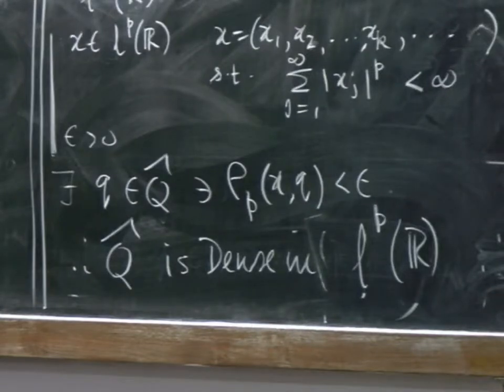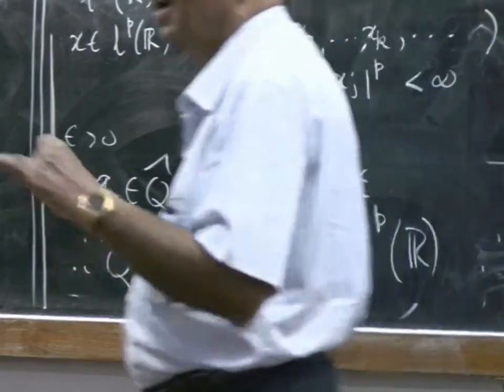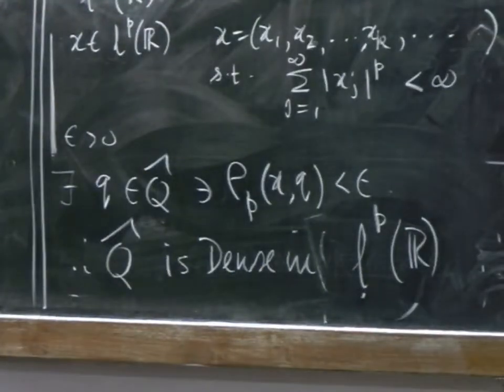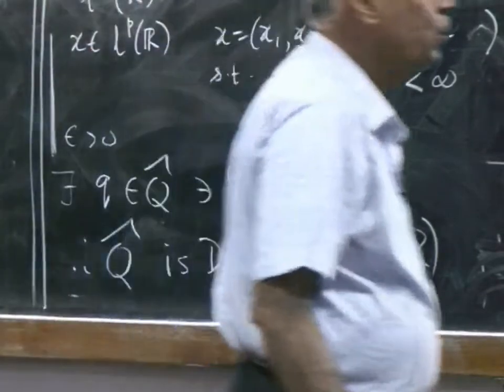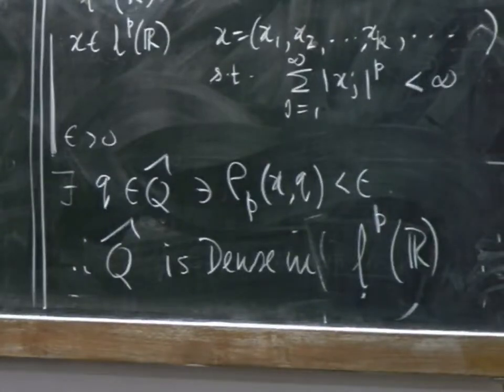In all the l^p_n cases, we got Q to the power n. If Q is countably infinite, Q to the power n is also countably infinite. So there also we got a dense set which is countably infinite. Then we came to l^p of R. Again we got q hat.